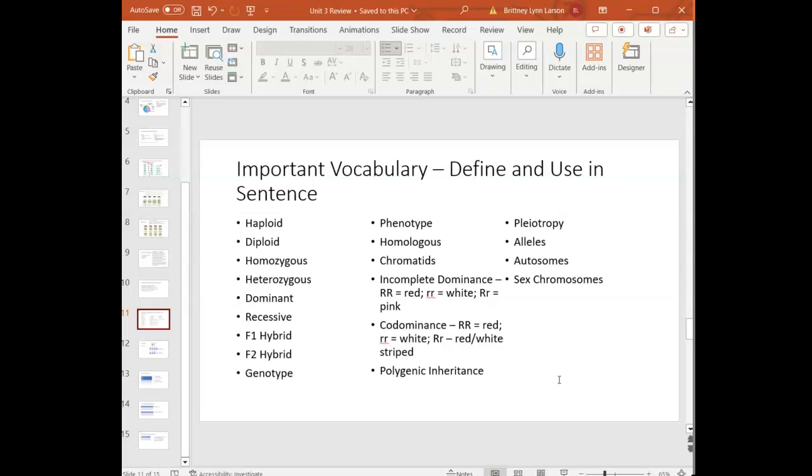At the very bare minimum, you need to be able to use these in sentences and recognize what they mean in sentences. So if you haven't gone through vocab, definitely focus on these ones. Make sure you know them. Make sure you can define them. If you can't, look in your book. Your book has a glossary that defines all of these. These are the big ones for genetics too.